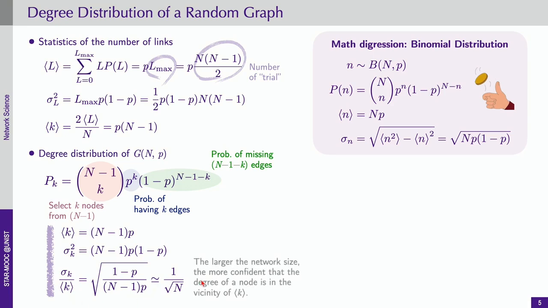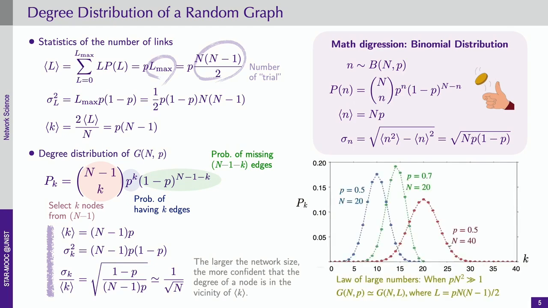For binomially distributed random variables, the coefficient of variation decreases as 1 over square root of n. Therefore, as we increase the network size n so that Pn squared is much larger than 1, it is almost certain that a randomly picked vertex has the mean degree and the deviation becomes negligible.